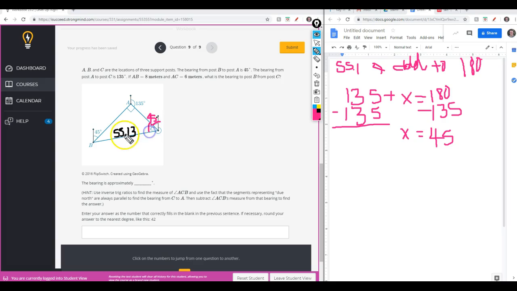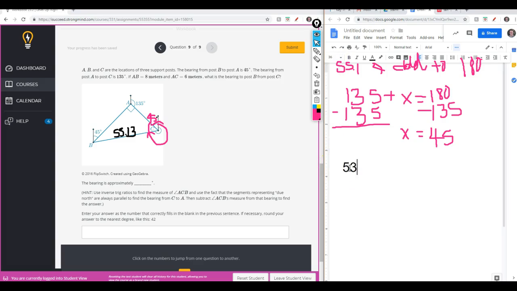This angle, again, was 53.13, and we're looking for from this due north to this side. So I know they're all going to add up to 360 degrees. So I'm going to add them all up to 360 degrees.